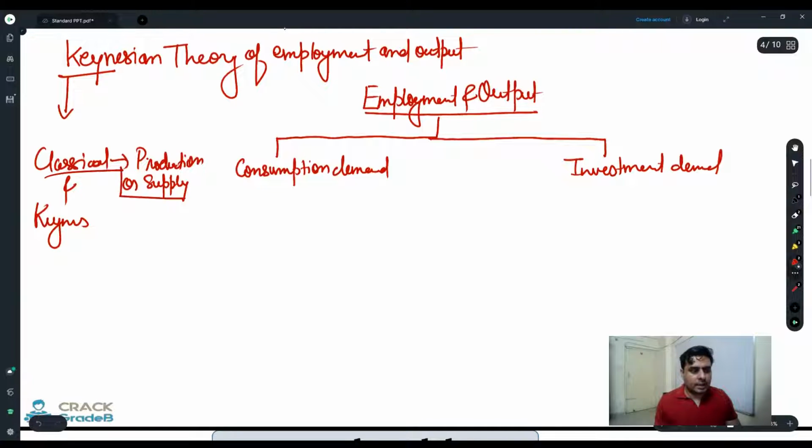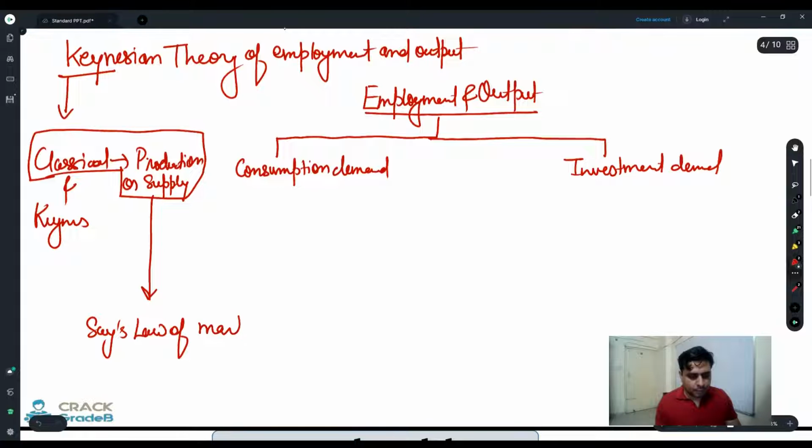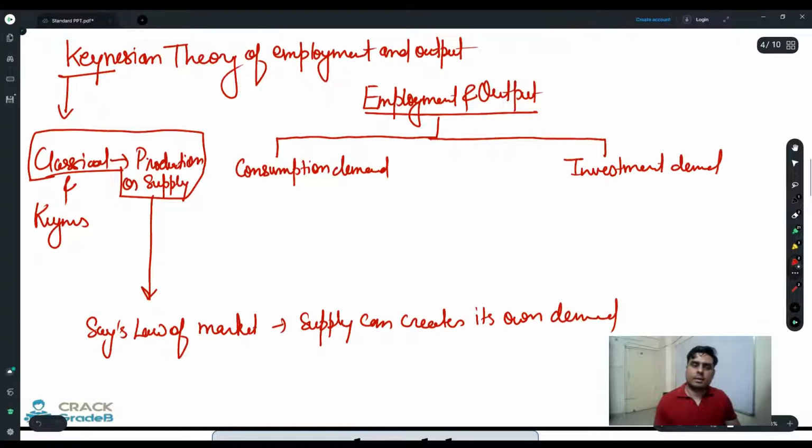Their theory evolved around production, and this theory was basically based on Say's law of market, that is, supply creates its own demand, right? So they are more emphasizing supply and production.